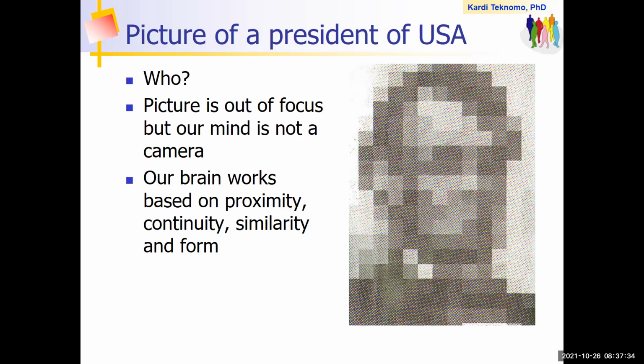No, no idea. Huh? Abraham Lincoln. The picture is out of focus, right? But our mind is not a camera, so our brain really works based on proximity, continuity, similarity, and the form, right? So we can recognize this even if it's blurred.